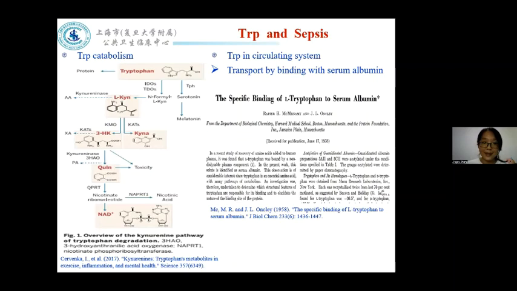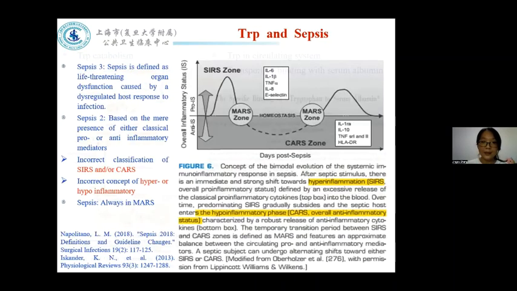As we can see, tryptophan can generate many metabolites, and they all have very important functions in inflammatory programming and immune regulation, especially in sepsis.